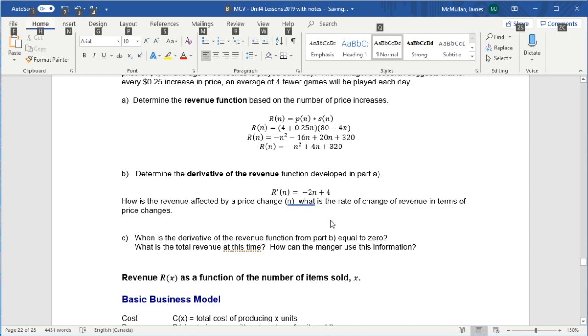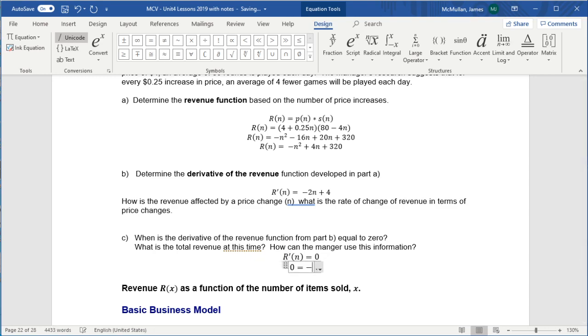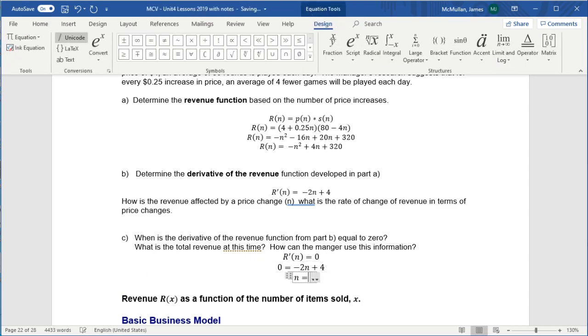Well, we can do this. We can go R prime of n equals 0. Therefore, 0 equals negative 2n plus 4, and n equals 2.